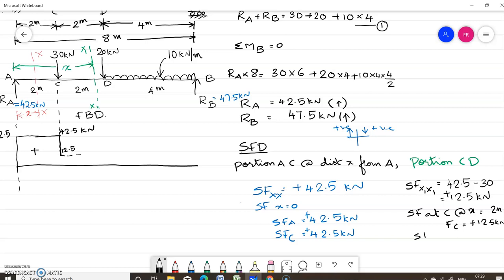Now let us take shear force at D. Shear force at D, that is at x equal to 4 meter, is also plus 12.5 kilonewton. Okay, so this remains constant. 12.5 remains constant up to the point D. So we can drop this point D downwards and we can continue this line.